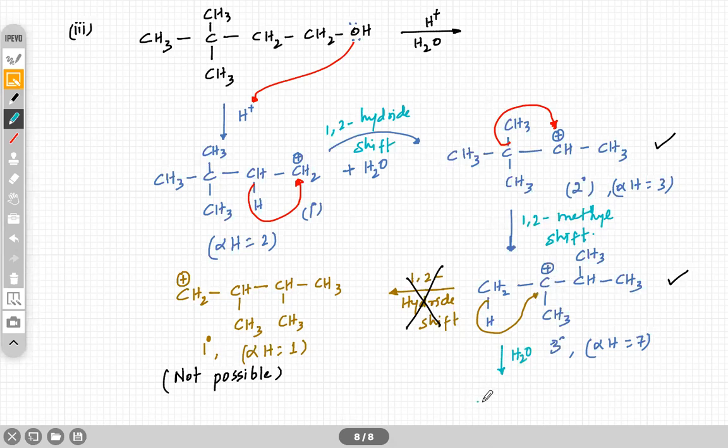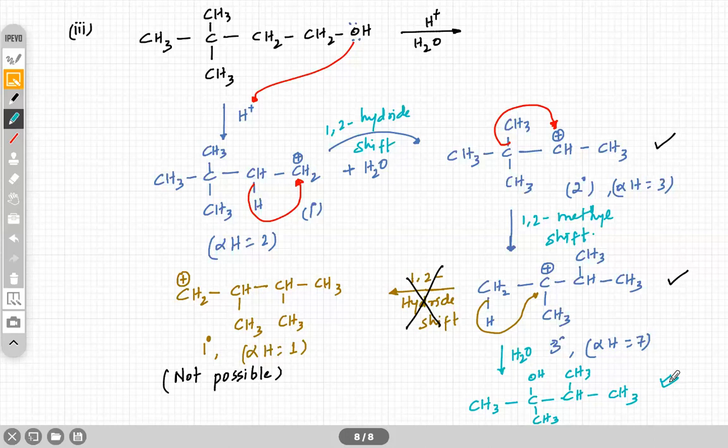The product is CH3, COH, CH3, CH, CH3, and CH3 here. So this is the final answer we have in this question. So this kind of multiple shifting, more than one shifting, is also possible in the reaction. That is the hydration of alcohol.